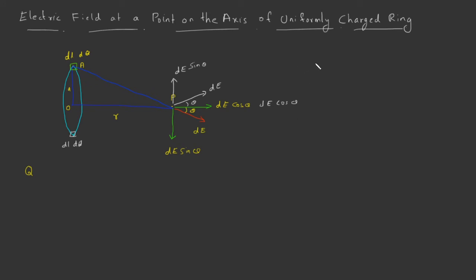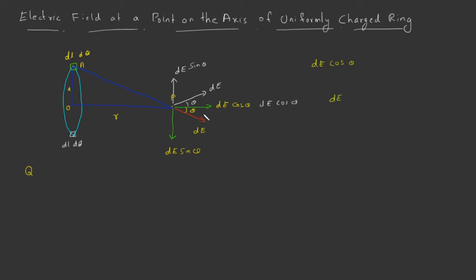So our aim now is to find dE cos theta and then integrate it within the limits to get the electric field at point P due to this uniformly charged ring, and the direction will be along the axis of the ring.